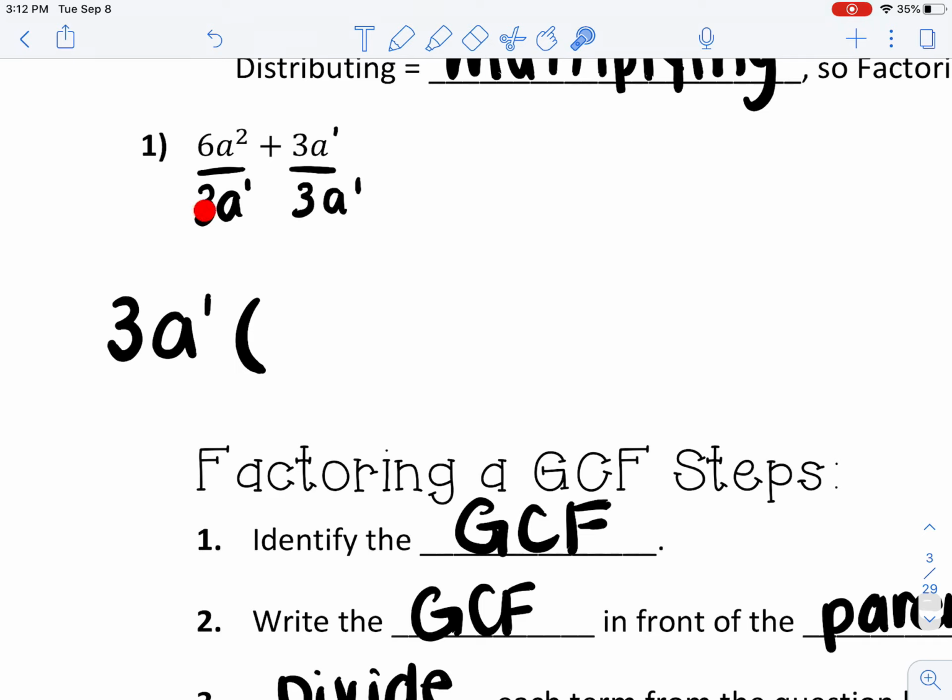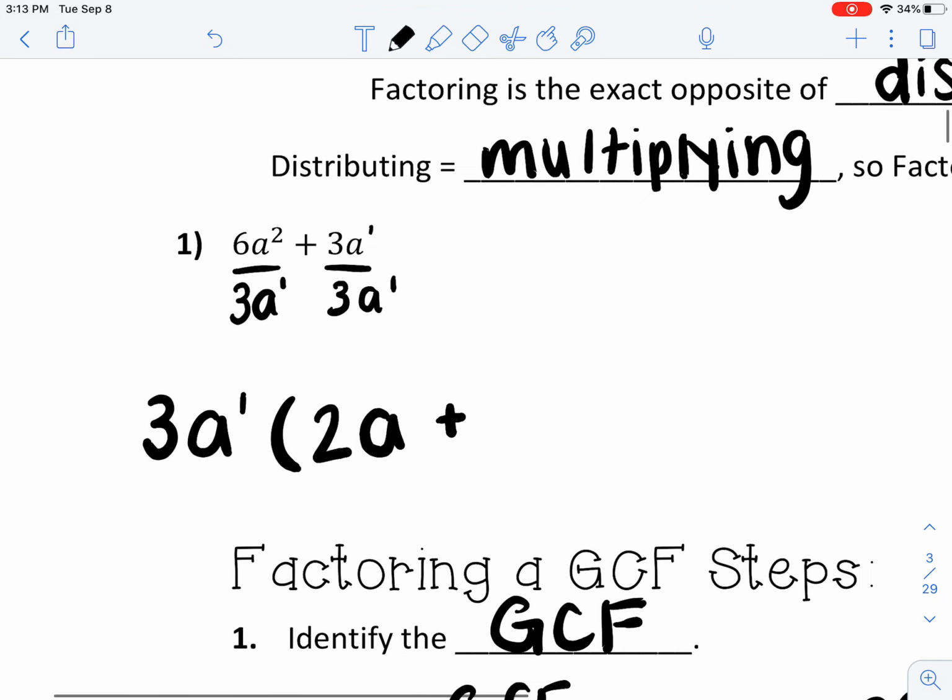So 6 divided by 3 is 2. A squared divided by a to the first: when you divide, you are subtracting exponents. So 2 minus 1 is 1. So this is 2a plus 3a divided by 3a. These are the exact same thing. Anything divided by itself is a 1.